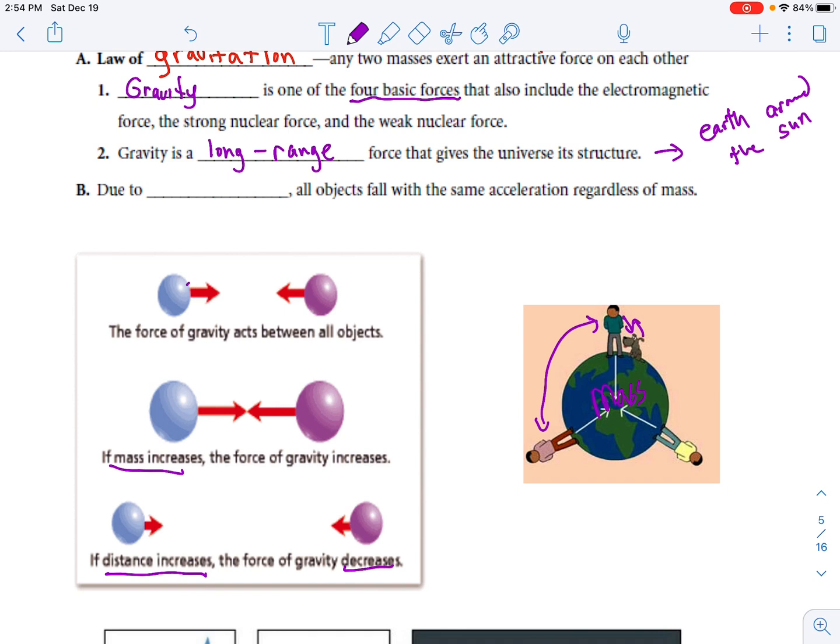So instead of the two boys falling towards each other and crashing into each other, they are all pulled down to the center of planet Earth because this Earth has the biggest mass out of anything around here. So that's the gravity force we notice. Whenever we drop something, it falls down to Earth because Earth has the strongest gravity force because it is by far the biggest thing we have.